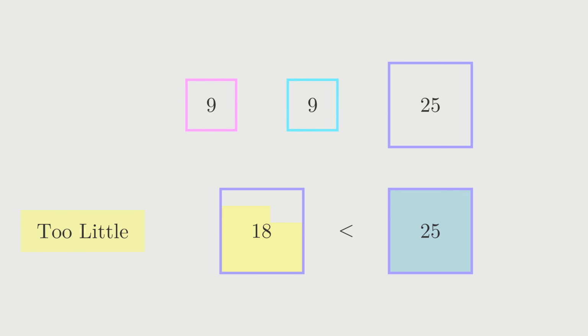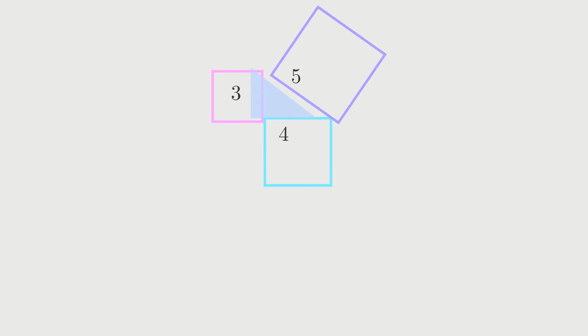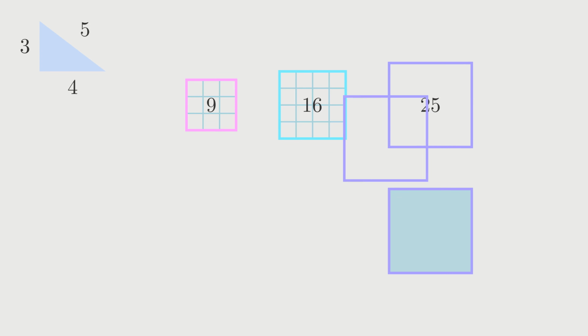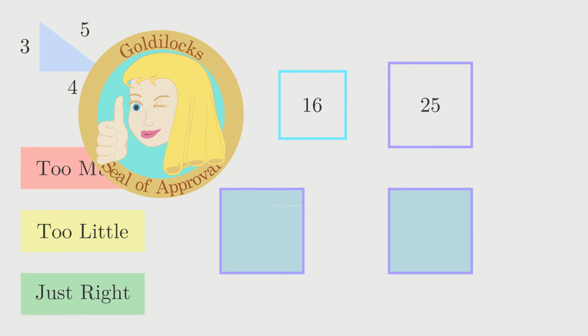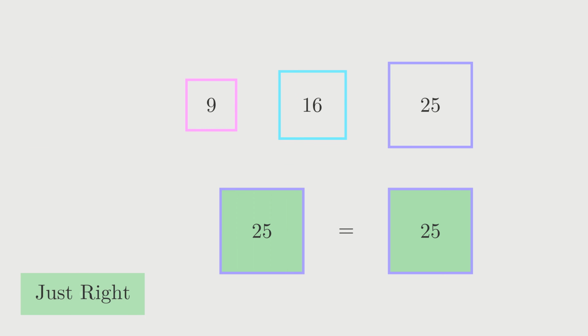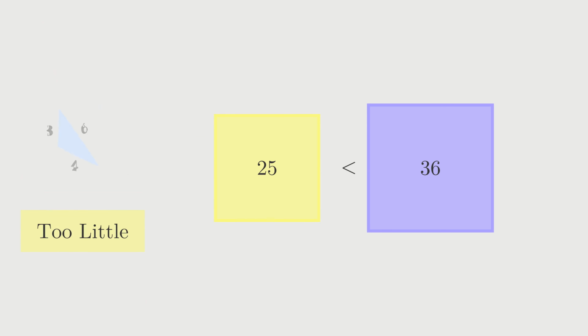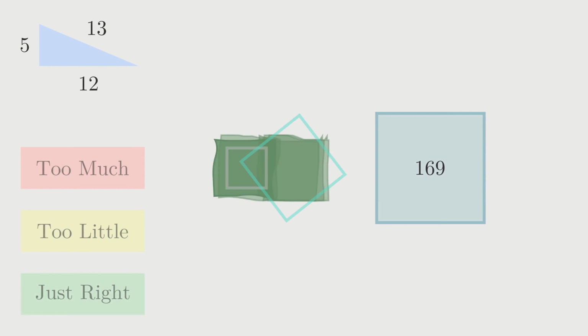Too little. On the other hand, the smaller squares in this 3, 4, 5 triangle add up to exactly 25. Just right. Let's try a few more triangles. These, too much. And these, too little. But this one, it's just right.